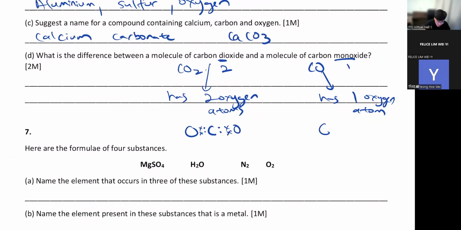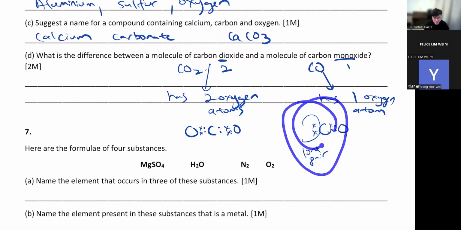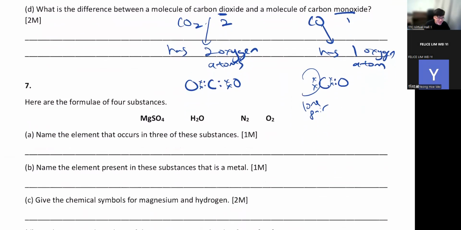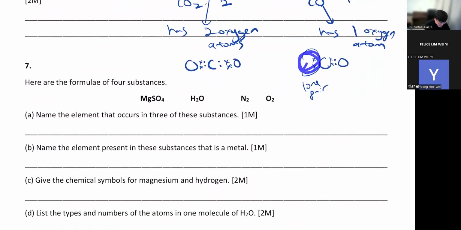But for carbon monoxide, we have something called a lone pair. 什么来的? What is this? Next time when you go A levels, after you finish your O levels, before you go to university, you will learn this, if you take chemistry, very difficult stuff. I very lazy to explain to you. This lone pair will basically kill you.